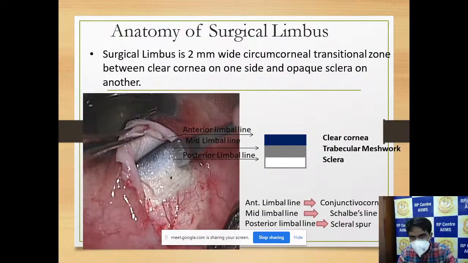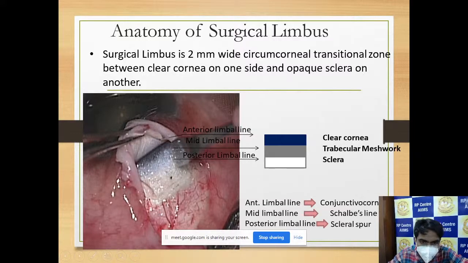Then coming to the anatomy of the surgical limbus, because anatomy gives the main clinical significance while we are going through the operation, and when we are dealing with trabeculectomy. See, this is the 2 mm banded zone of the surgical limbus, which is showing anterior limbal line, mid limbal line, and posterior limbal line.